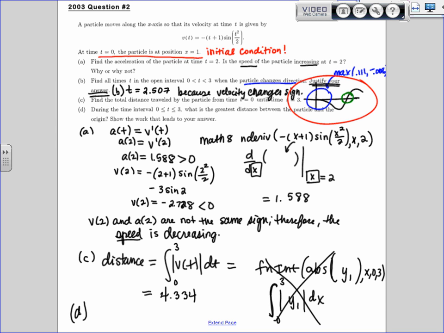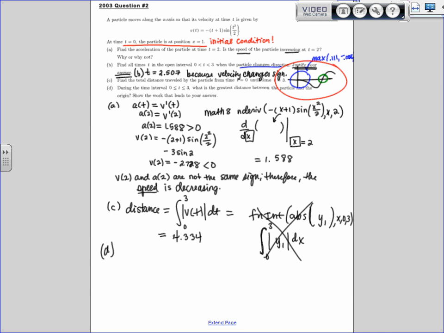How would I find the greatest displacement? Kind of, but this is the velocity function. This isn't the displacement. Yeah, so we need to kind of do something with integrals.